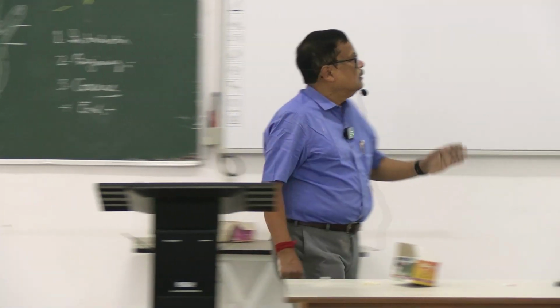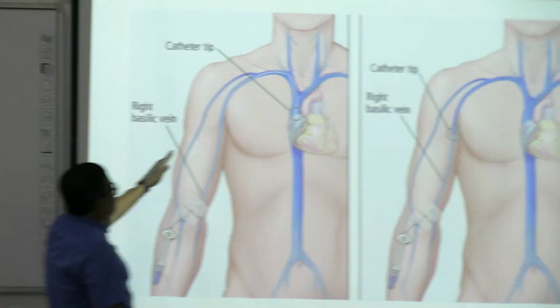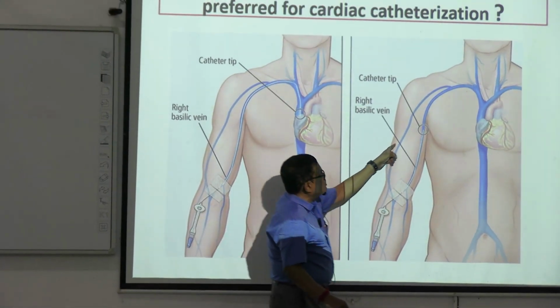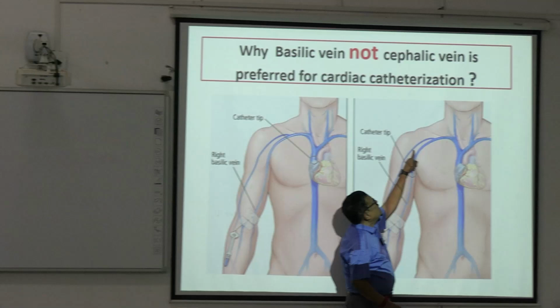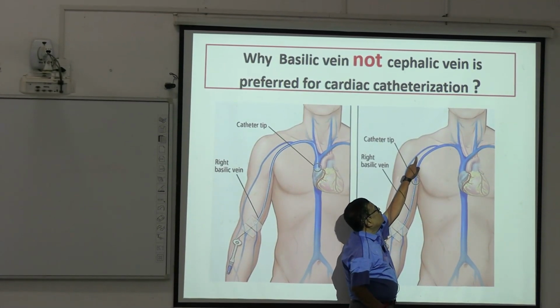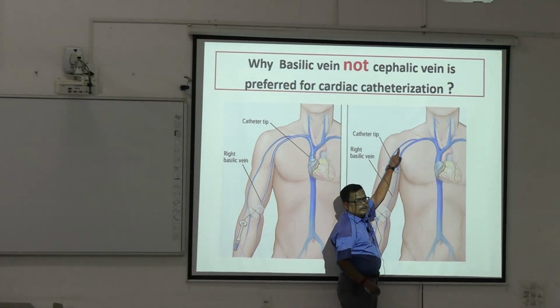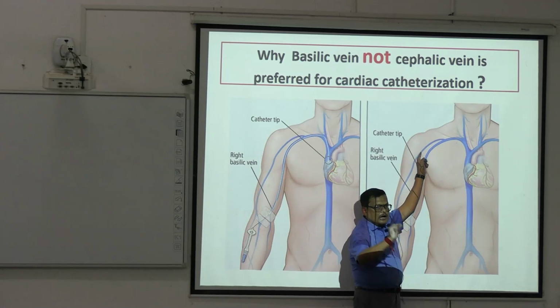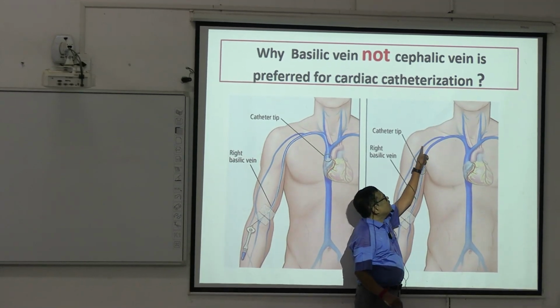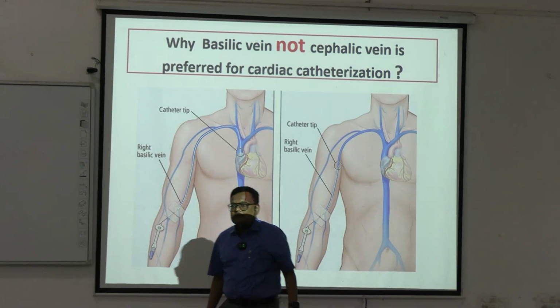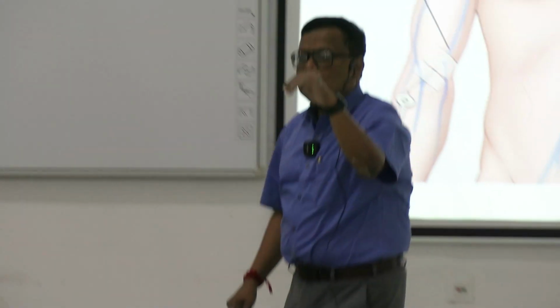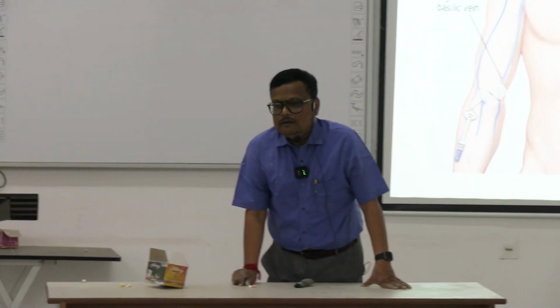So when you were doing a catheterization here, the catheter, without bending, may try to hit the wall here. If it is tough and cannot bend, then it hits the wall and perforates it. Because there is a 90-degree bend here.